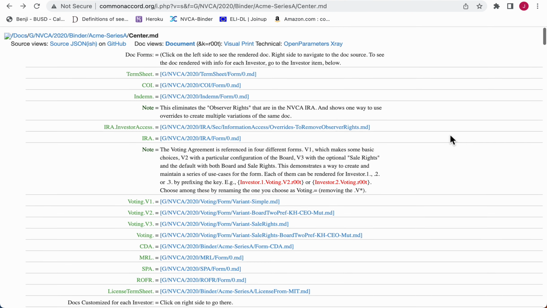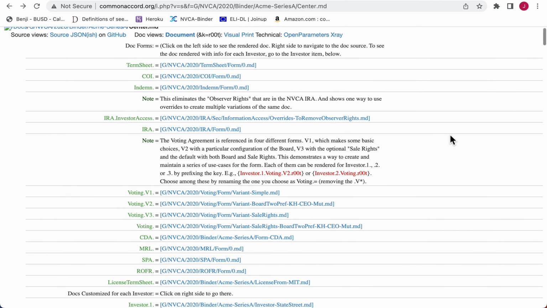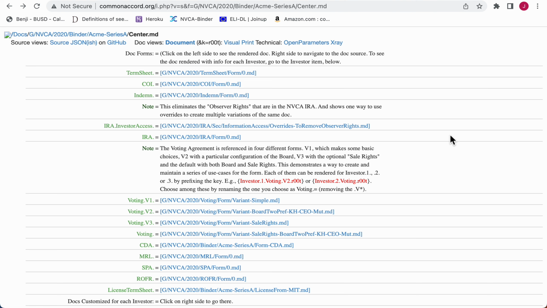So as applied to venture capital. This is an extremely complex set of documents. It is the National Venture Capital Association 2020 set of documents. Some of those have been updated, and these reflect those updates, but they're still called 2020.